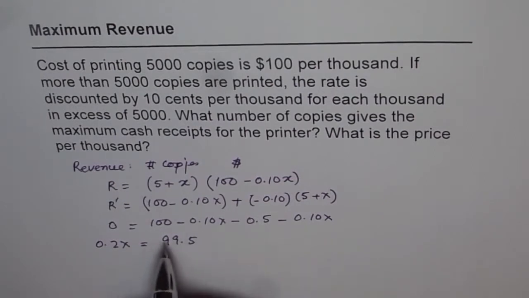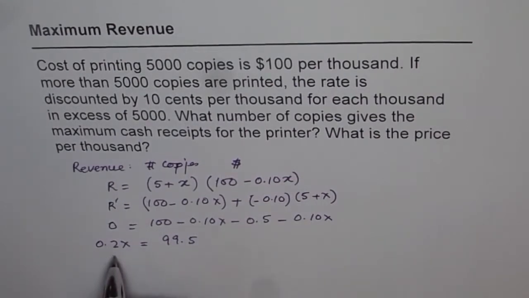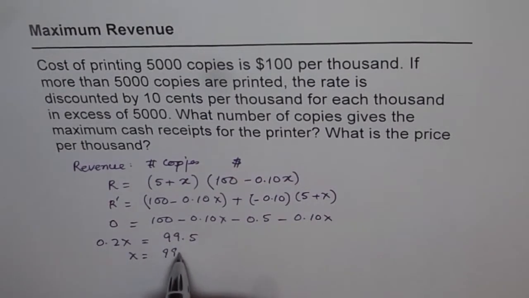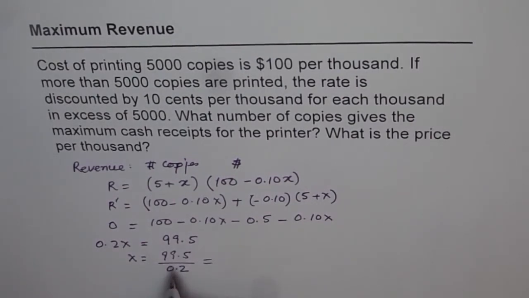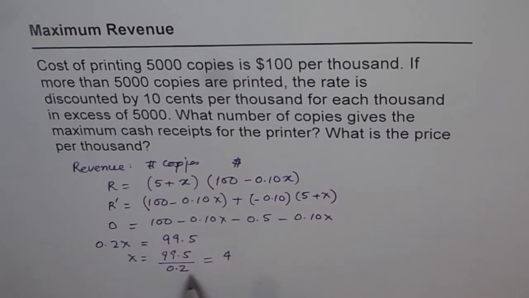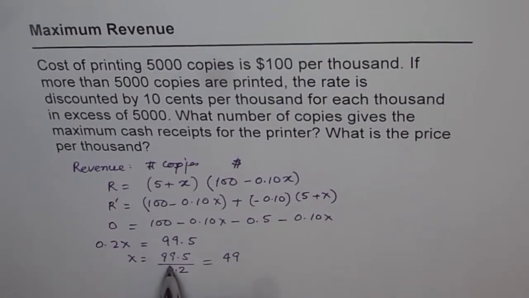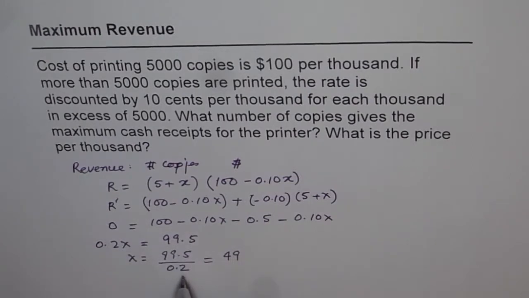And then we get x equals 99.5 divided by 0.2, correct? And that gives us, if you do half of this, 995 divided by 2.